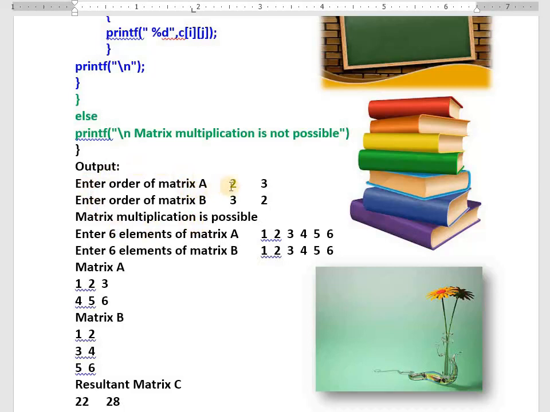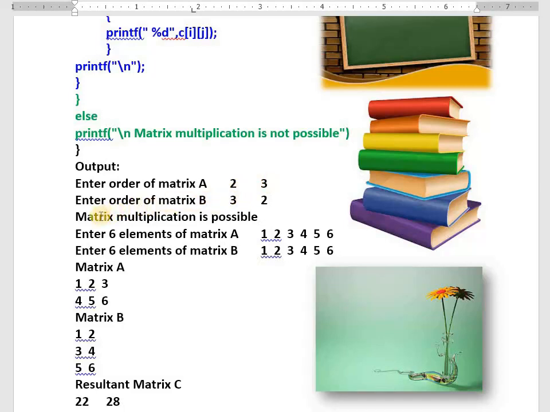Already you know, in order to find the multiplication of two matrices, the column of the first matrix must be equivalent to the rows of the second matrix. In this example, as per these inputs, this is possible, meaning it is possible for us to find the multiplication of two matrices because the column of the first matrix is equivalent to the rows of the second matrix.